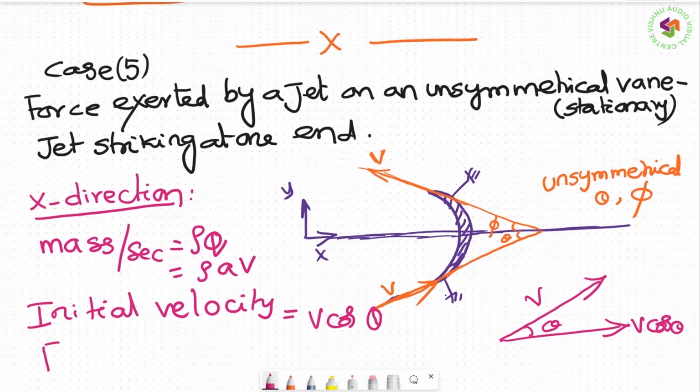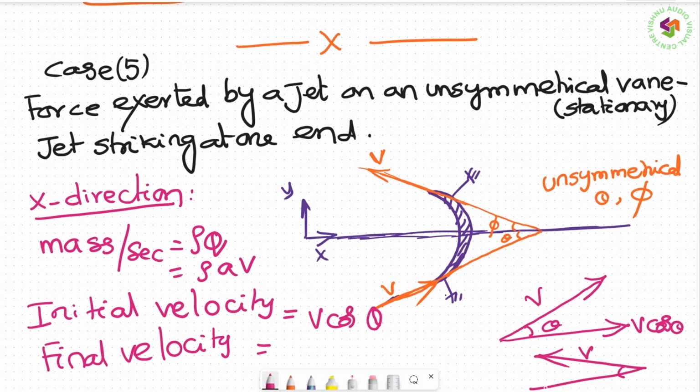Right? What is final velocity? The jet is leaving like this. It is V. Again, this angle is phi. So it is V cos phi. But the only thing is the direction is different. So that is why minus V cos phi. In the previous case, both are the same, but now the difference is theta and phi, unsymmetrical.